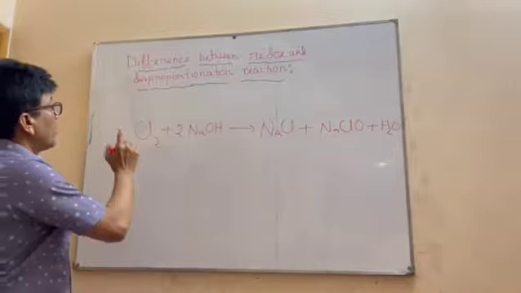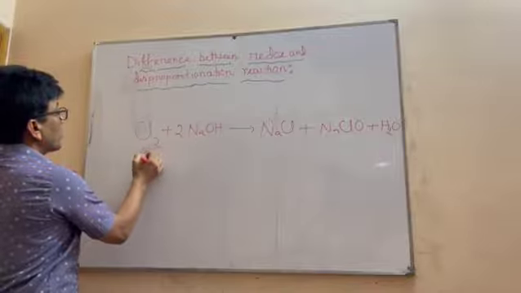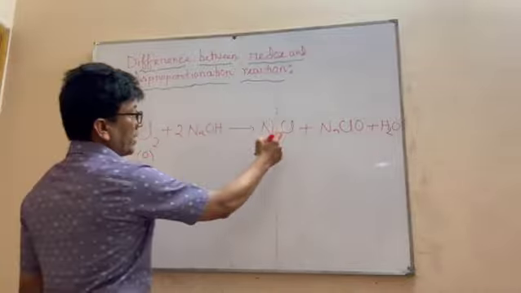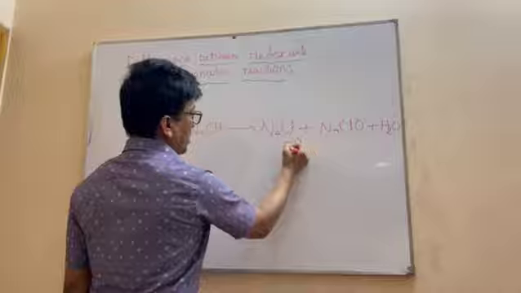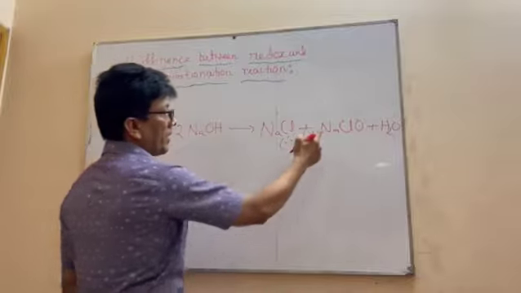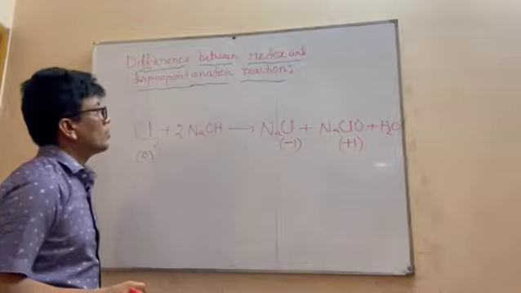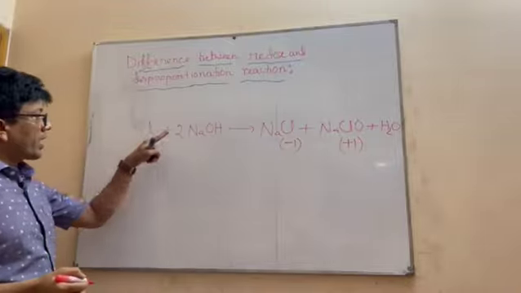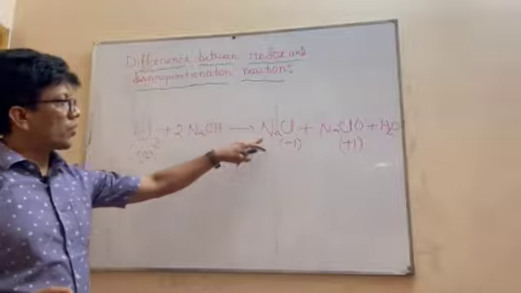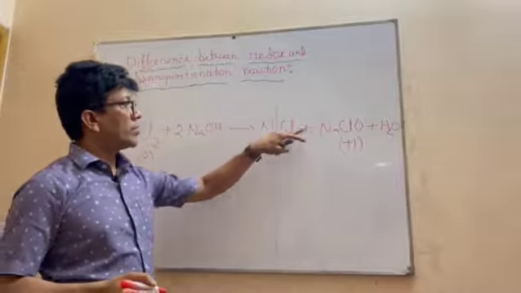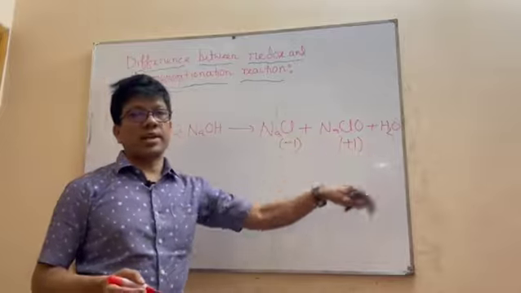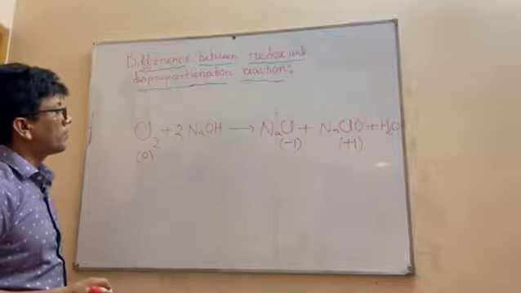Why? Chlorine oxidation number, you know, is 0. Here chlorine oxidation number is -1. Here chlorine oxidation number is +1. So when chlorine reacts with sodium hydroxide, sodium chloride, sodium chlorate 1 and water are formed.